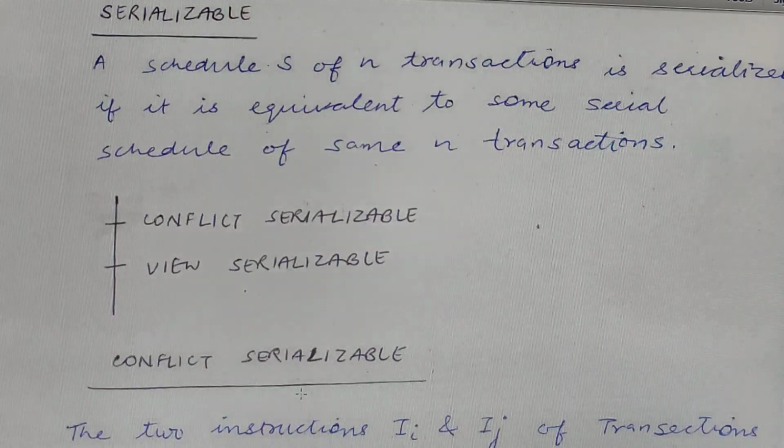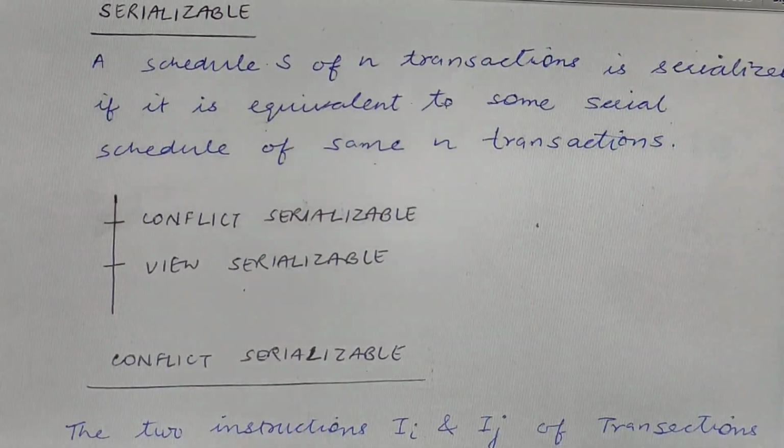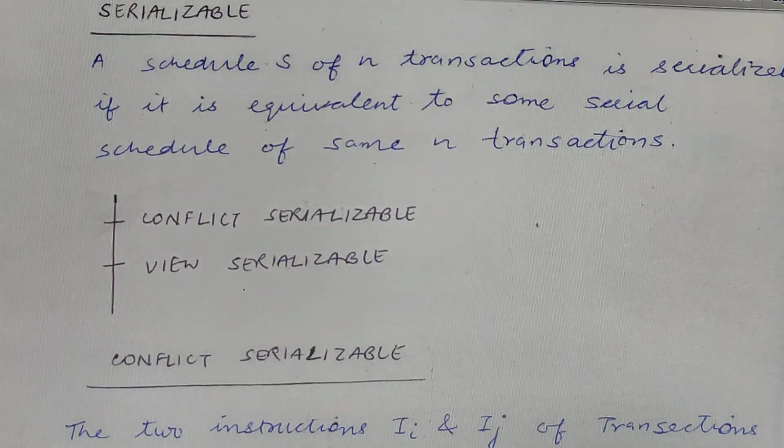Now, what is serializable? A schedule S, suppose we are having n transactions, is serializable if it is equivalent to some serial schedule of the same n transactions. Suppose I am having a schedule S where I am having two transactions T1 and T2. T1 is performing some operations, T2 is performing some operations in an interleaved manner. Again, we are switching between the two transactions.